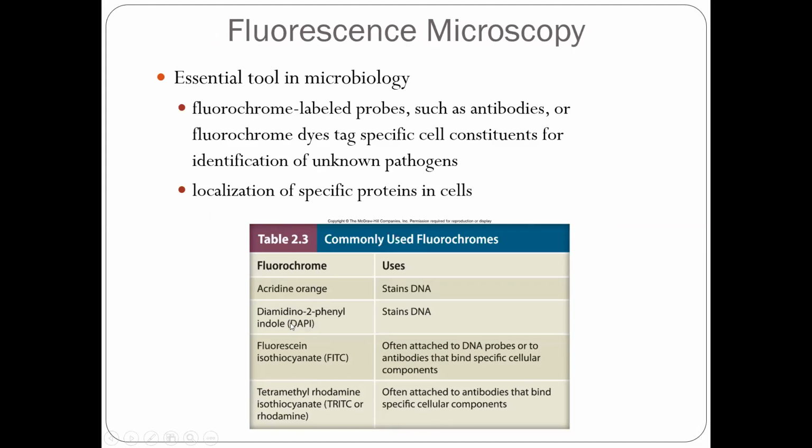We call it DAPI stain. It stains the DNA, so we can differentiate live and dead cells. Most of the time, the dead cells are red and the live cells are green. So that's an advantage.